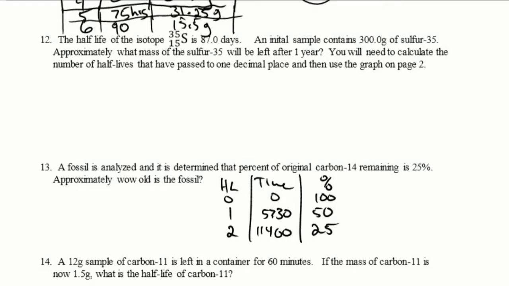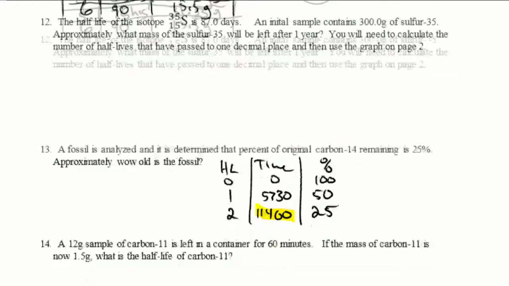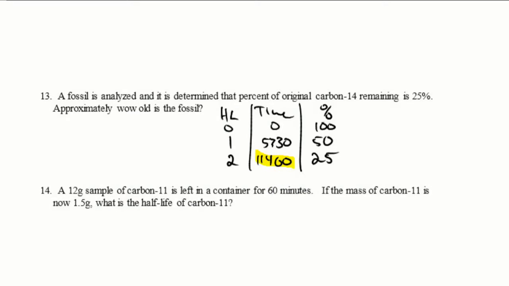So if I wanted to know how old it was, I've gone through 2 half-lives. Each half-life's 5,730 years. And away you go. Does that help you, Ava?